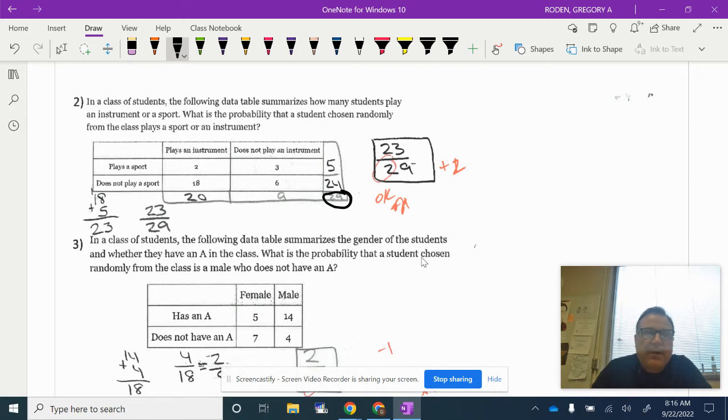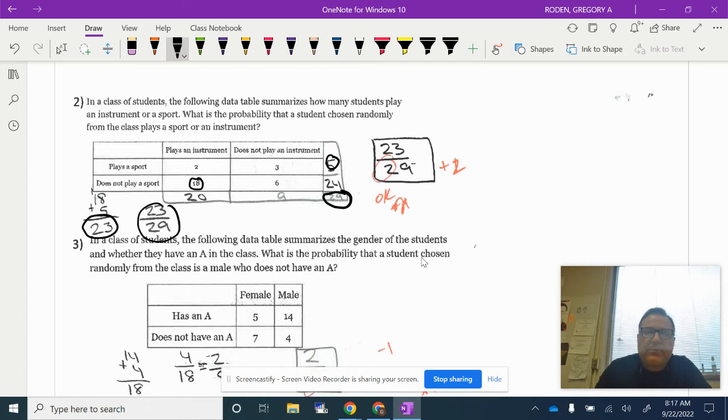Okay. So what do we have here? We have 18 that play an instrument, and what do we got here? The number that play a sport is 5. So 18 plus 5 is 23. And then after that, we are going to put that over 29 because there's 29 kids.